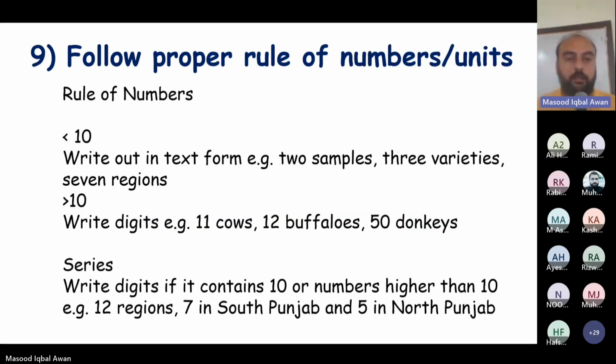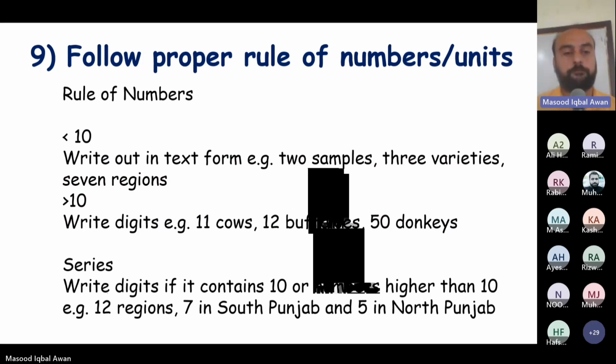This brings me to the second last technique for effective writing. We need to write numbers and units. If we are writing a number that is 10 or less than 10, we should write it in text form, like two samples, three varieties, seven digits.